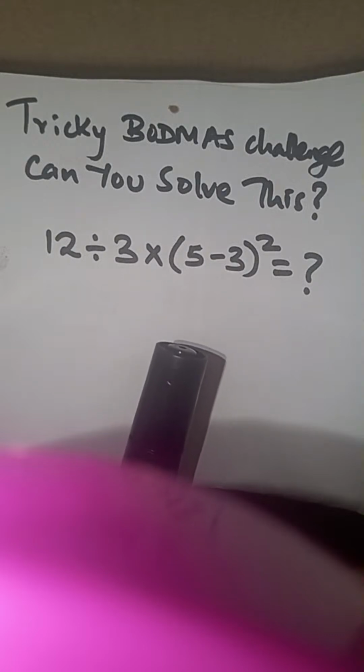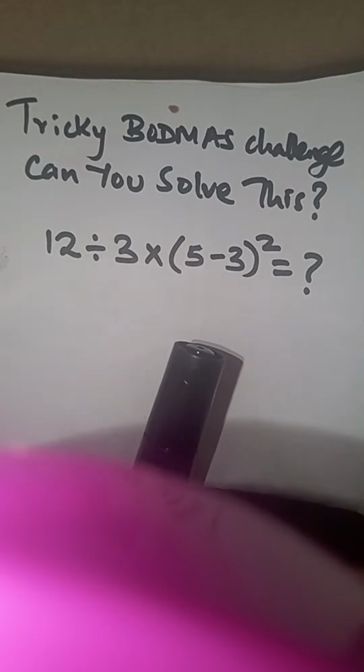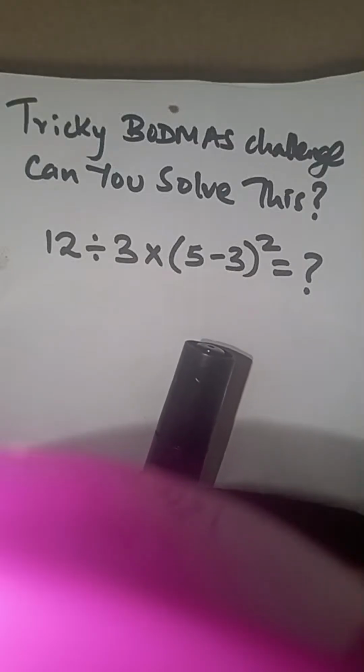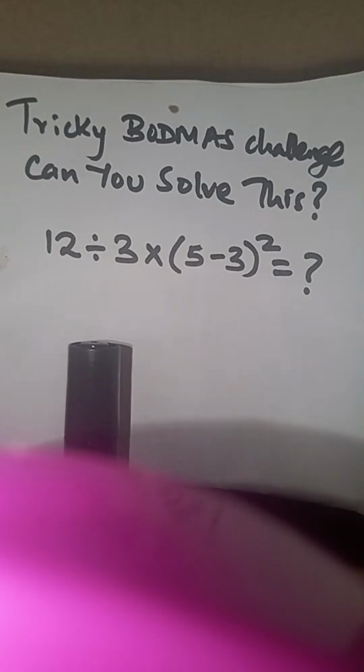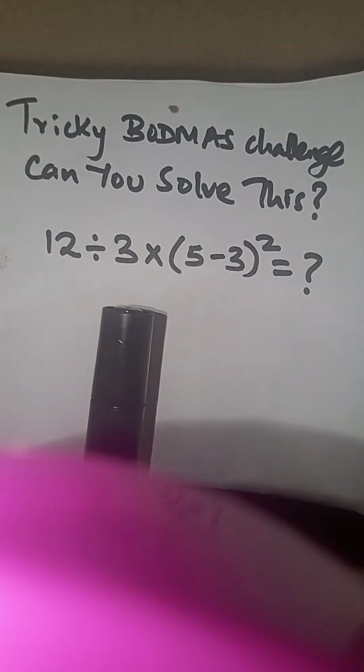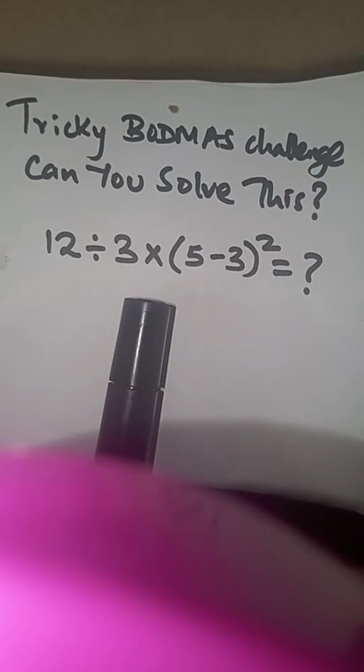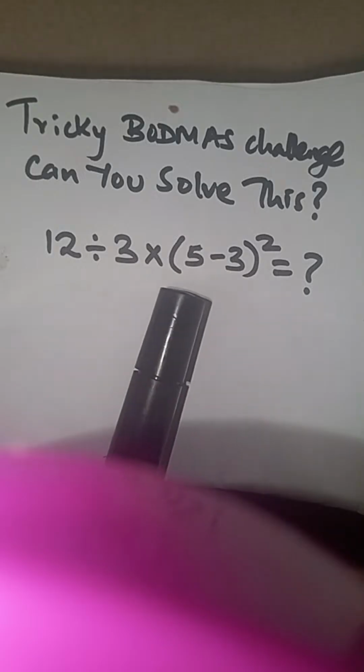Lakshmi Munasinge, you're saying that according to BODMAS, first for B is bracket. So for our case here, we're gonna start with 5 minus 3 squared. We're gonna end up with 4.